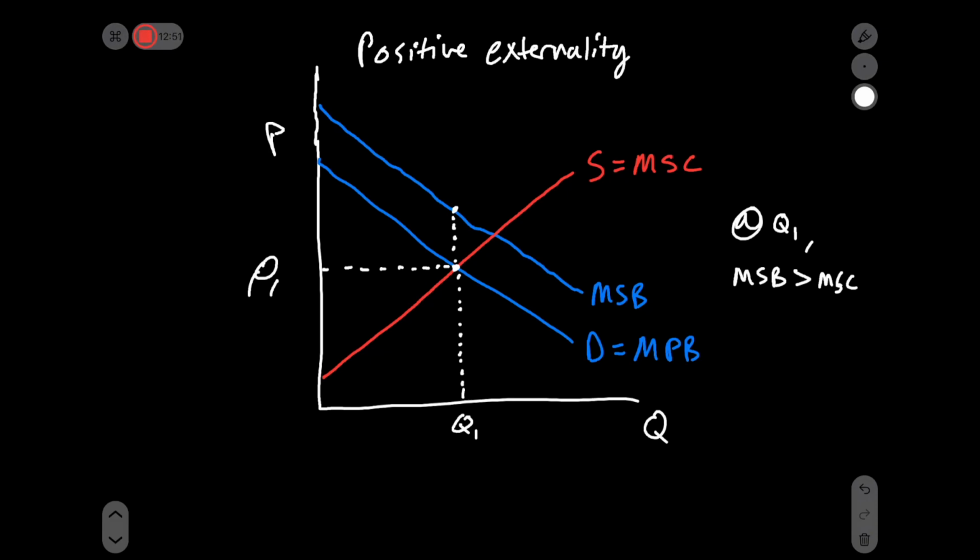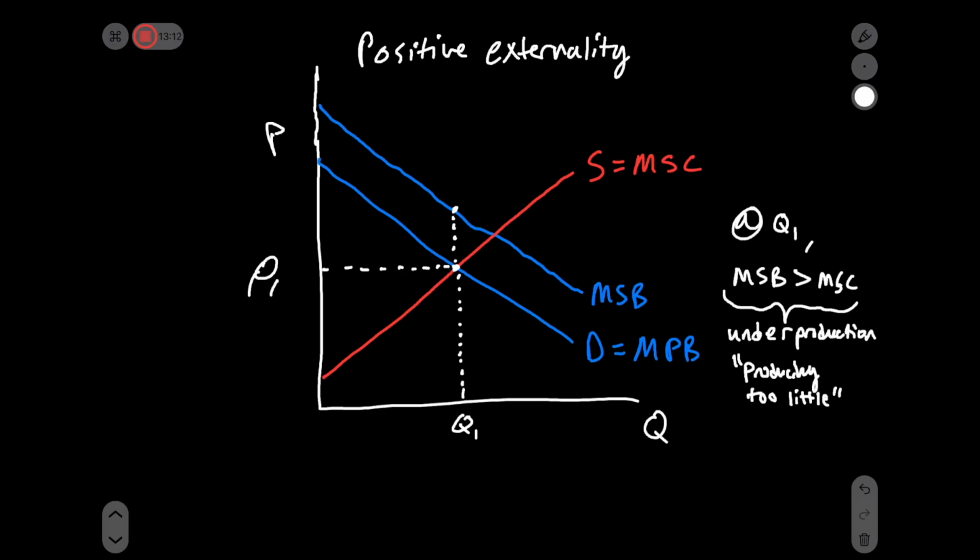And what would this tell us? This would tell us that we are in underproduction. Currently, society is producing too little.